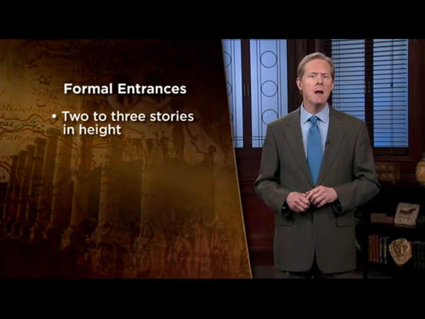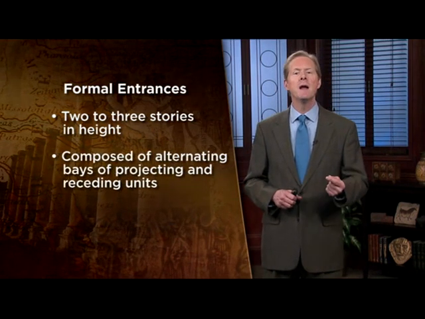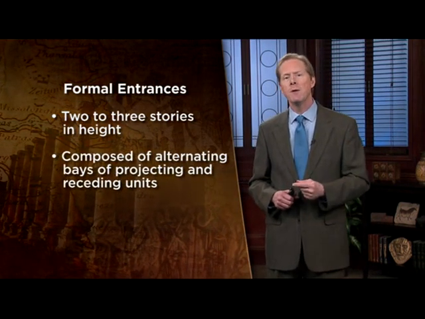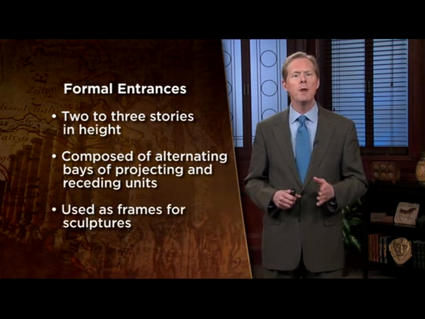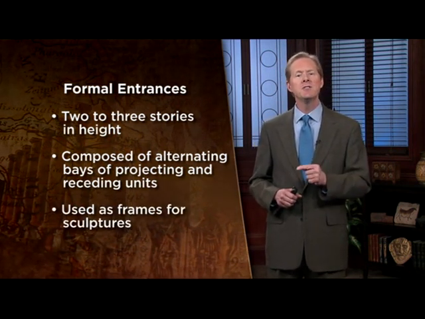Greek cities began to create large architectural frames for their city gates and for agora or market entrances. These entrances, or formal gateways, were often 2 or 3 stories in height, composed of alternating bays of projecting and receding units, and were used as frames for sculptures, which were generally placed in niches along each story of the facade.